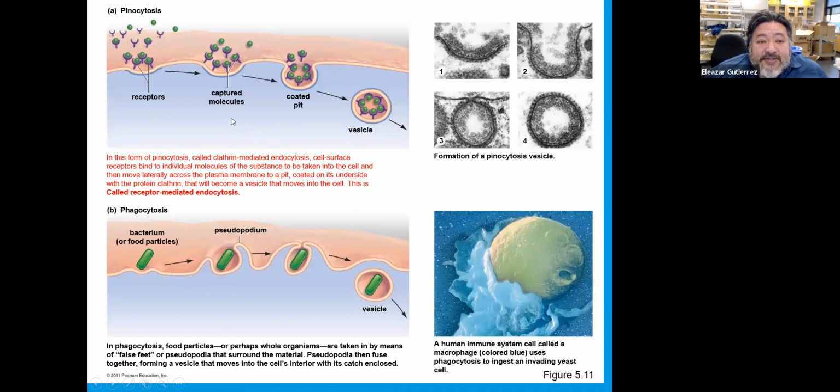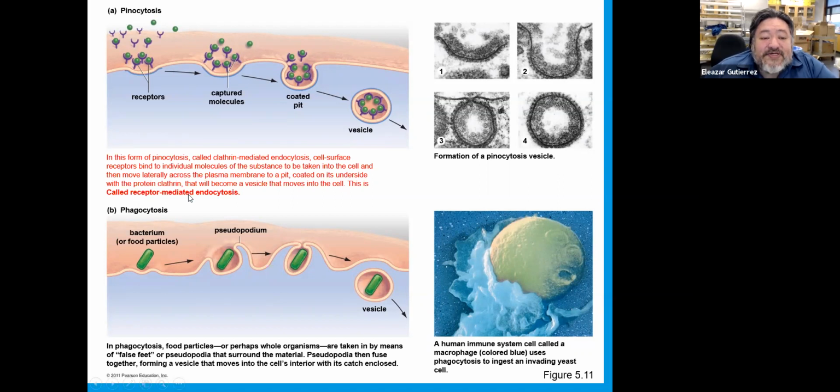And so here's pinocytosis, and this is actually a specific type of pinocytosis. This is called receptor-mediated endocytosis, okay? And receptor-mediated endocytosis is still endocytosis, is still pinocytosis. So endo, meaning that we're moving something into the cell, is still pinocytosis because the molecules that are coming in are small, okay?